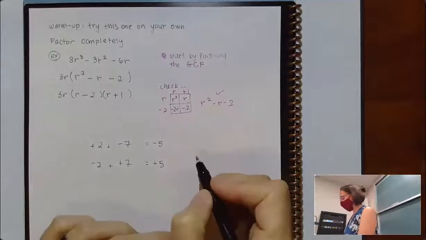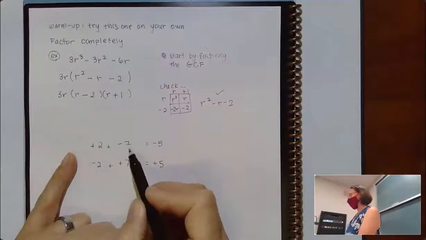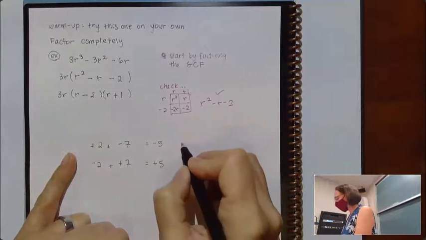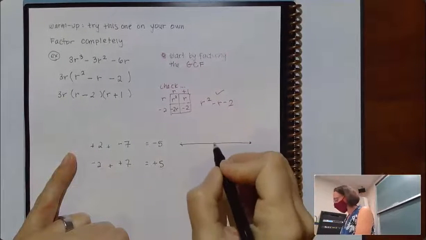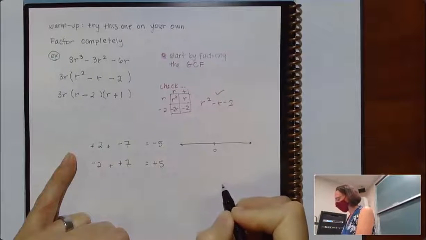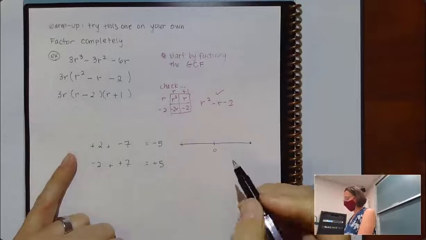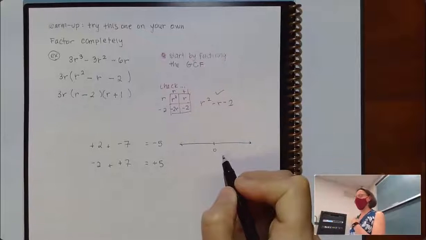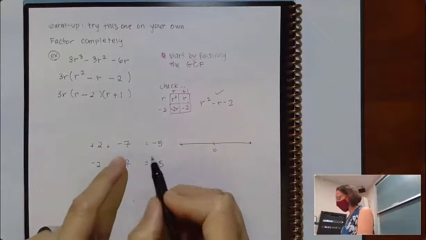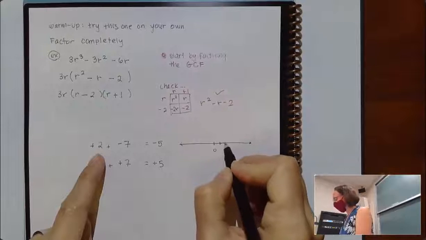Now, in terms of why the 2 plus negative 7 works out to be negative 5, lots of different ways to think about this. One is to think about this with a number line that I'll go ahead and put 0 on here. So back when you were a little kid, someone might have done this on a number line with you. I would have taught you this way if you were in my 2nd grade class. But that positive 2 says I take 2 steps to the right on the number line.